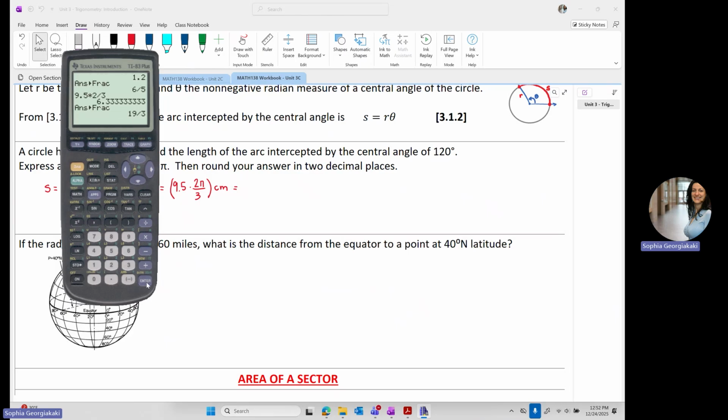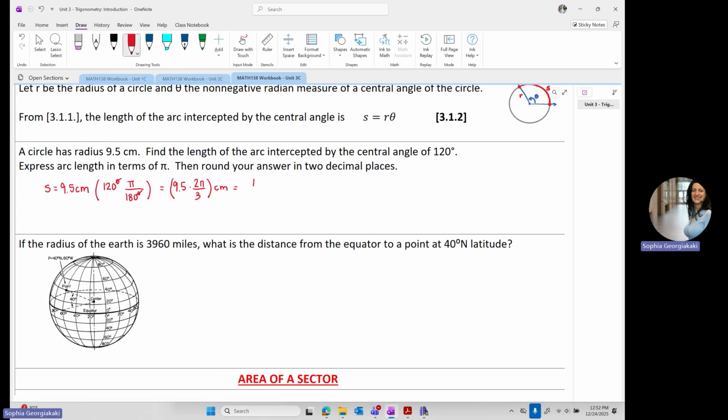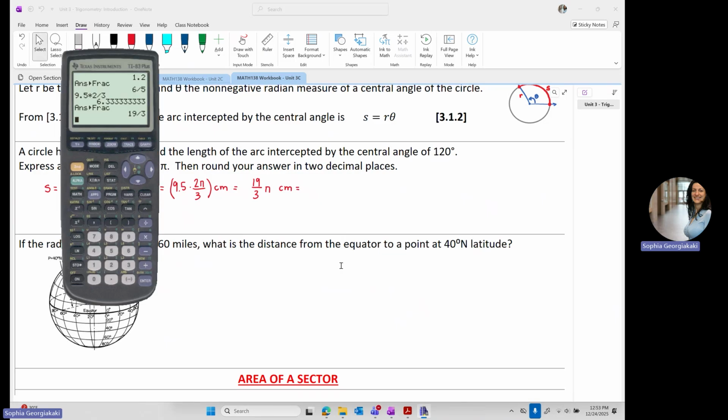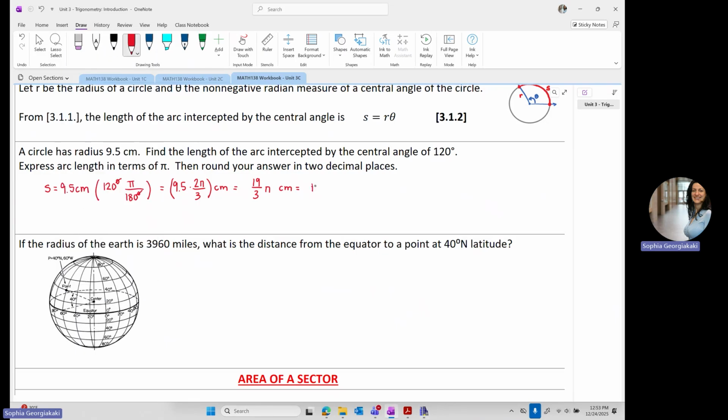So 19 over 3. So the answer will be 19 over 3 pi centimeters. That's the exact answer. And now I'm going to multiply by pi and round to 2 decimal places. So the answer will be 19.90 centimeters.